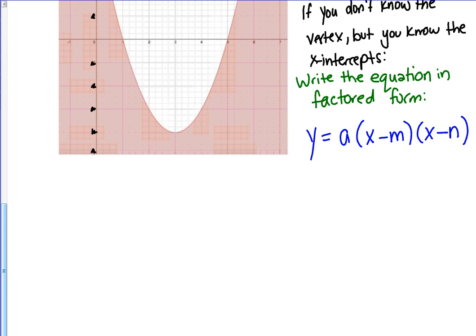M and n are x-intercepts. So that's factored form. Make sense? Sort of? Maybe? I don't know. Okay. Y equals A times x minus, what are my x-intercepts? No, m and n are your x-intercepts.